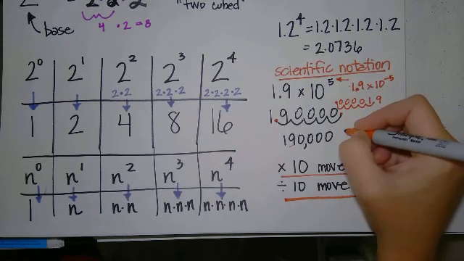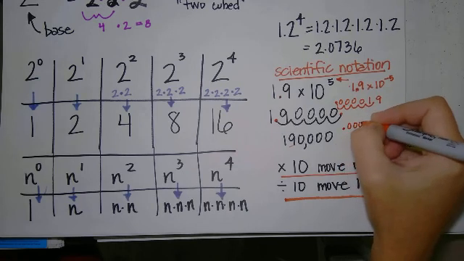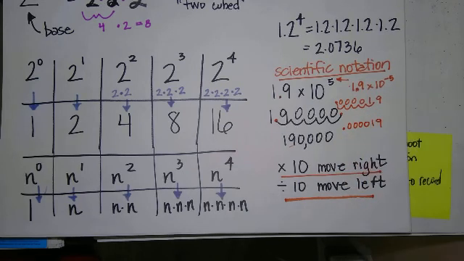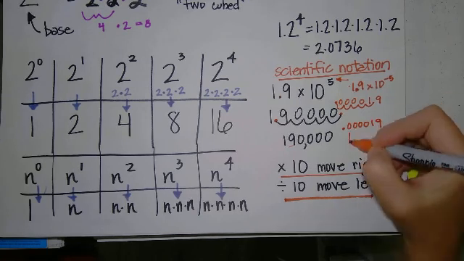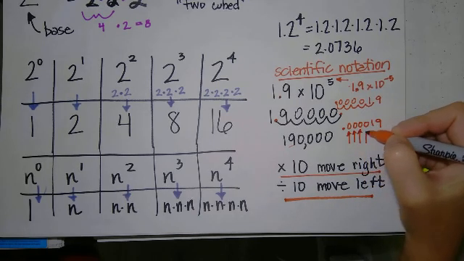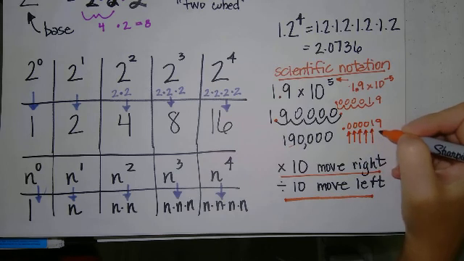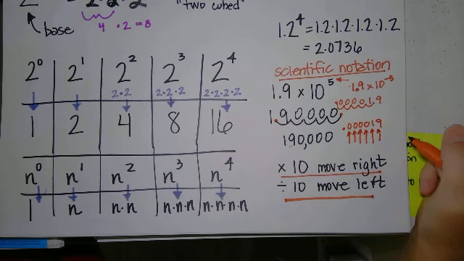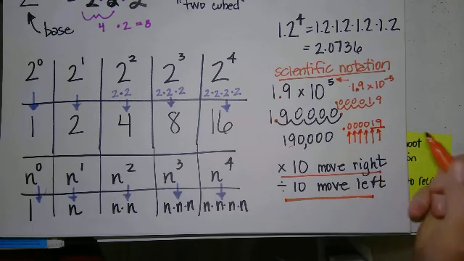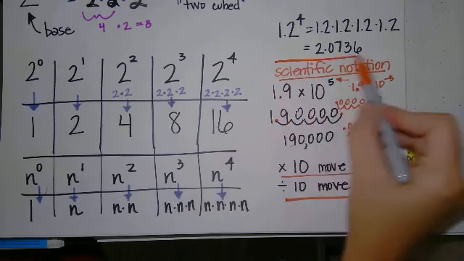That becomes the new decimal. Again, we're going to put in our zeros, and we end up with this tiny little number. Look how small this number is. And so if we were to read this properly, we've got tenths, hundredths, thousandths, ten-thousandths, hundred-thousandths, millionths. So we would read this number as 19 millionths.